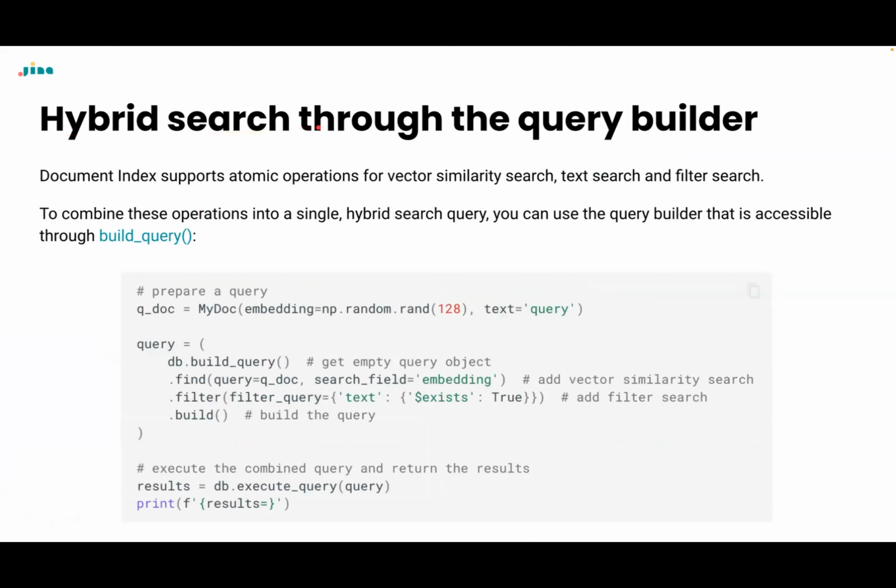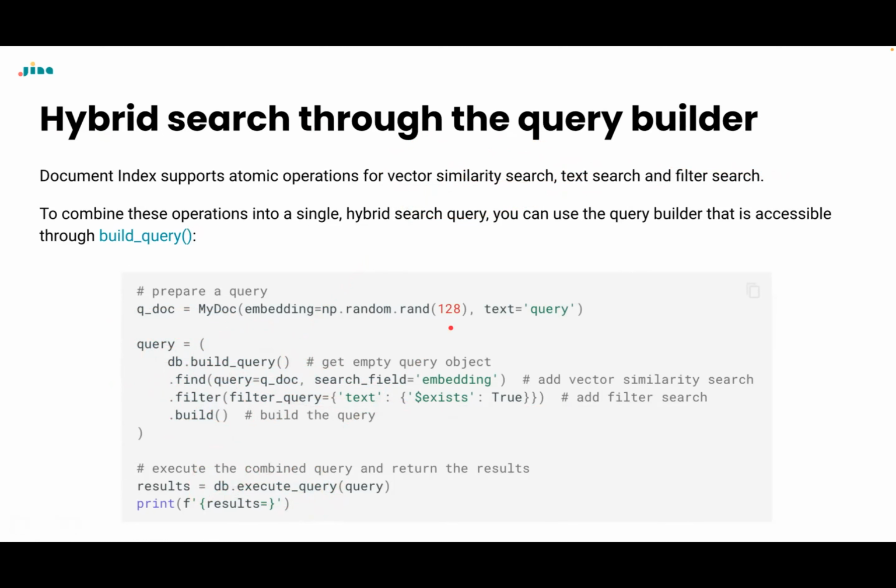You can also do the hybrid search, which consists of full text search, filter search, and vector similarity search in one shot. So here you need to build a query, which comes from this DB object build query. You can define your compositional query in this chained way, and then you define a query object and then execute the query against this DB object.